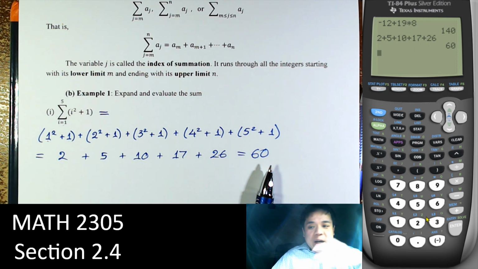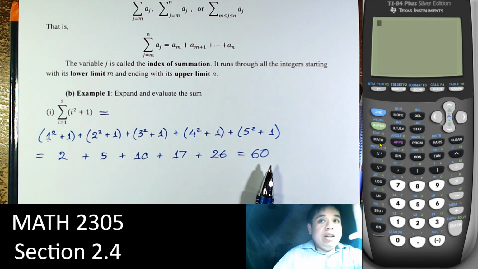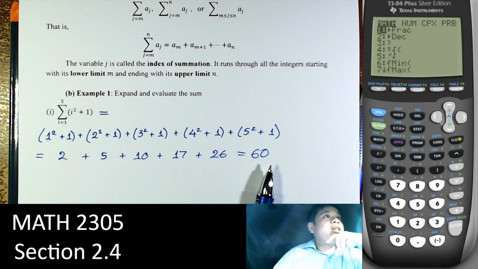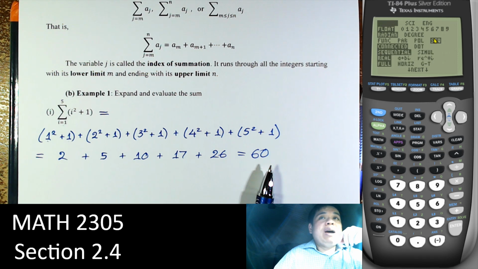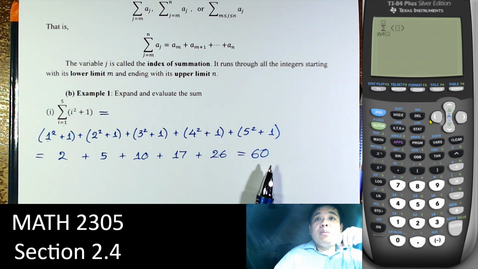Then you may ask, can we use a calculator for this? And may I say yes. For this calculator, if you go to math, go down to the option where it says summation, and we just enter exactly as we see it. The reason it shows n is because I still have the calculator in the sequence mode. If it is in function mode, when you hit this, it gives you x.